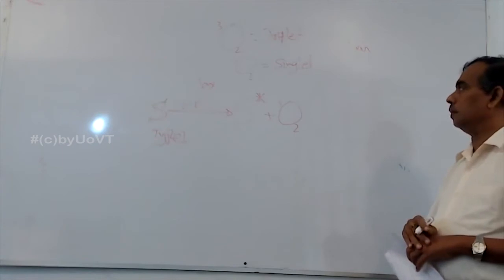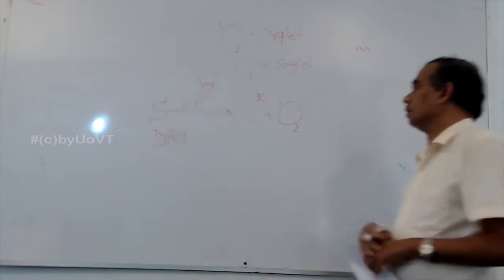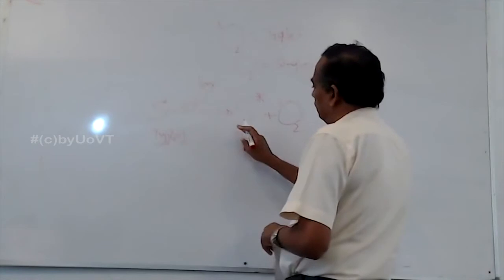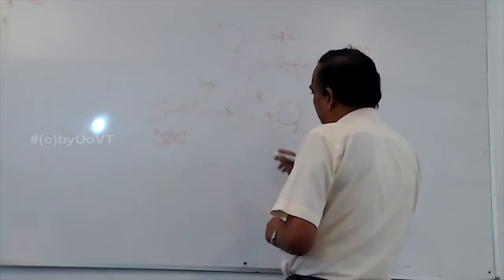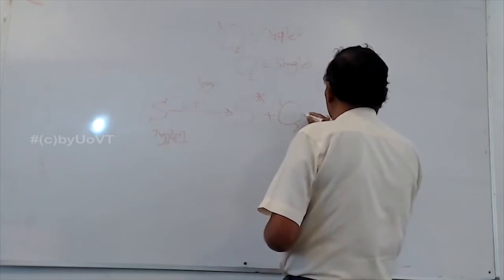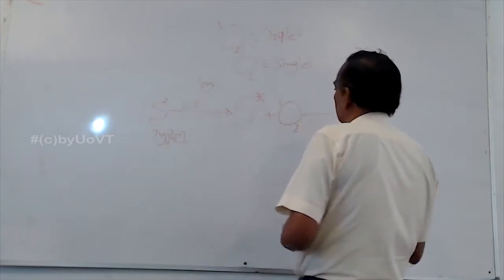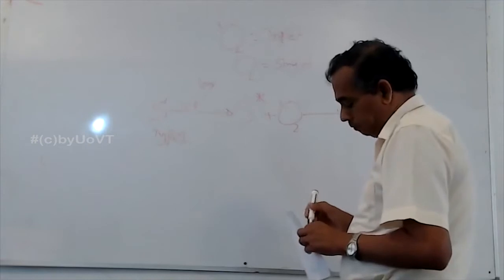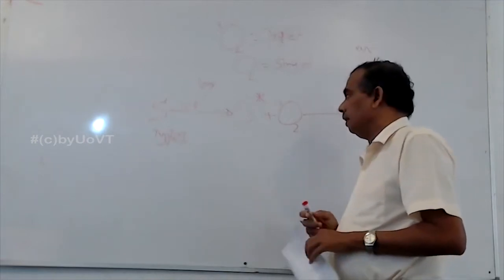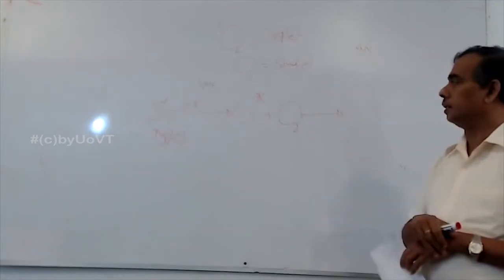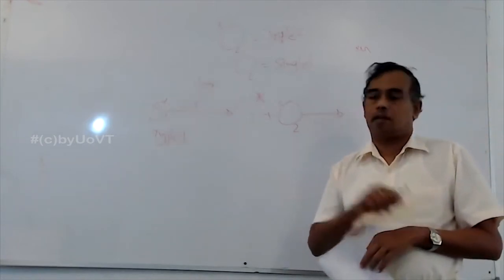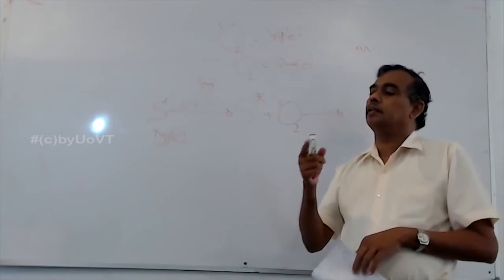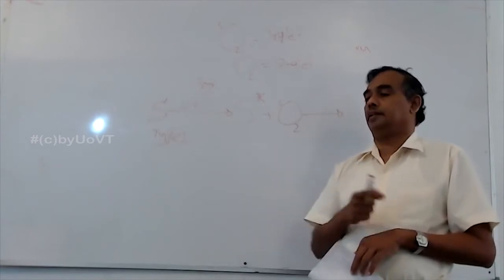Then, what will happen next? S star, the high energy compound, transmits the energy to the different state oxygen. The type 1 high energy compound, S star, transmits the energy to the triplet state oxygen.